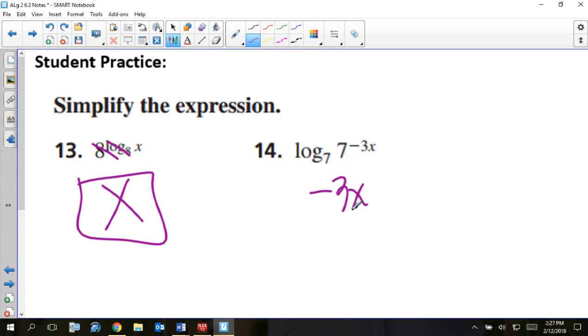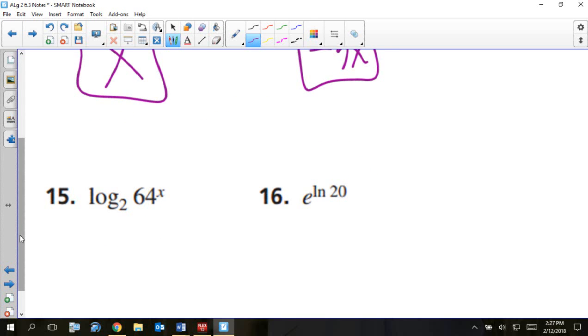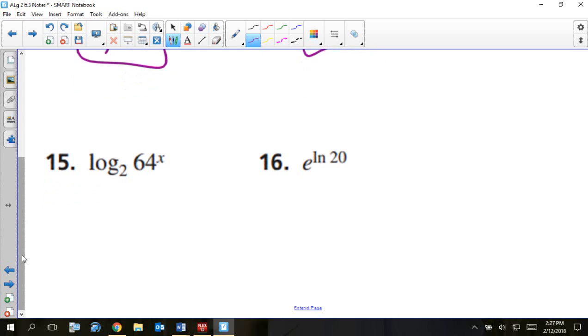Negative 3x is the answer. How about 15? We've got log base 2, but 64 is not 2 to an exponent, but it can be written as 2 to the 6. And then we put that x there too. So what is this answer? 6x.